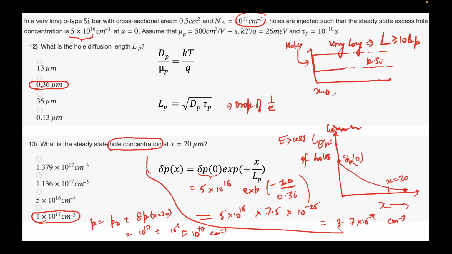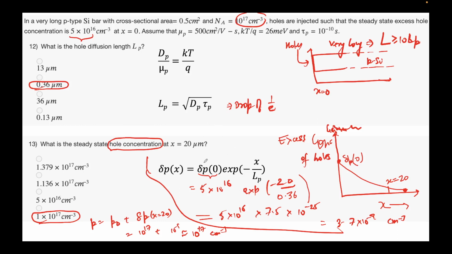That means that if you go to many orders of diffusion length, your excess carrier concentration will not matter. Diffusion will matter only up to a few diffusion lengths, in this case maybe 3 or 4 microns, because then this term will drop so badly that you will not even see anything.